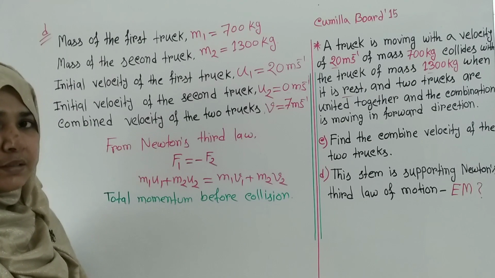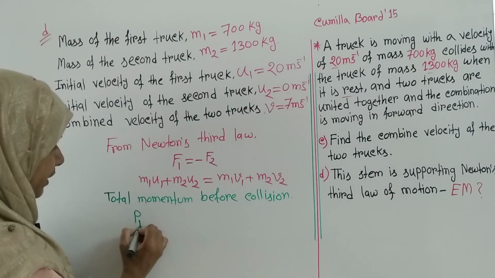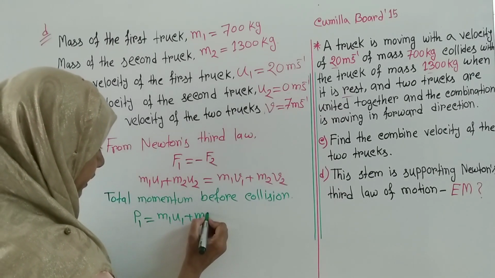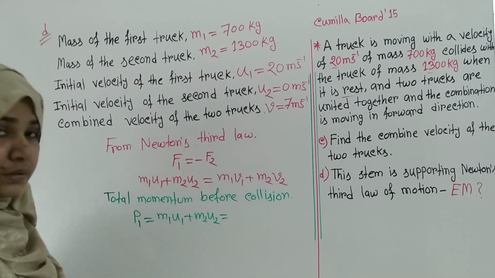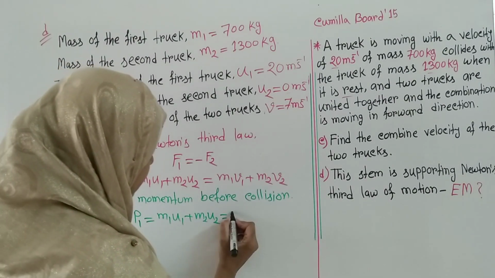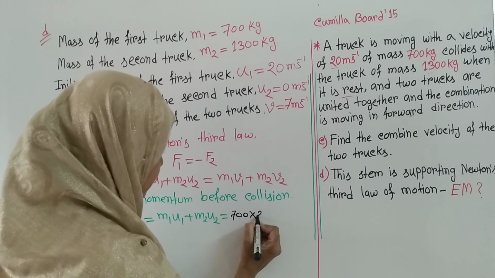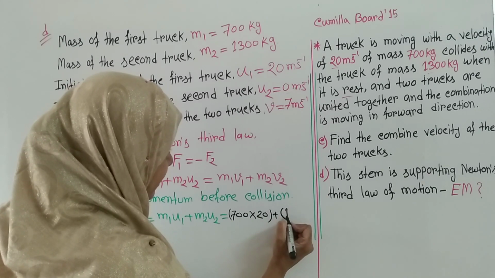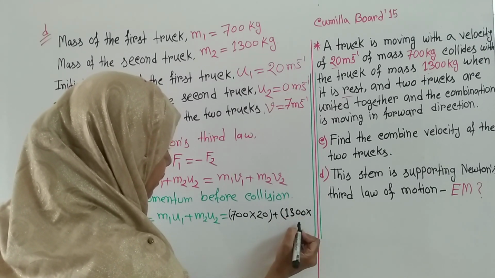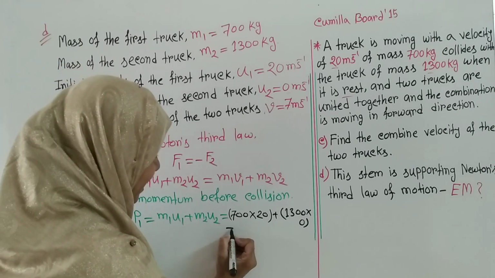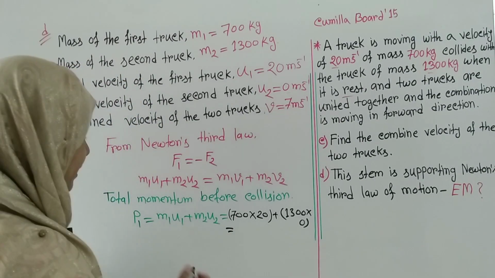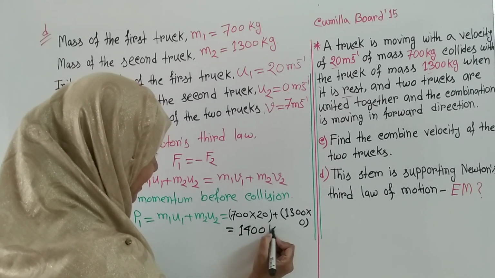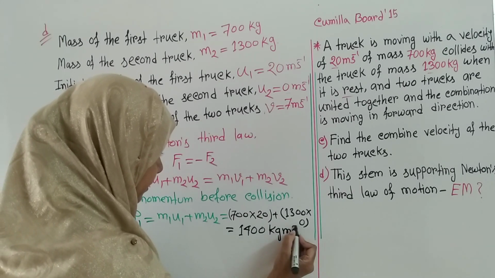If we denote it by P1, then we can say that P1 is equal to M1U1 plus M2U2. Now the value of M1 is 700, U1 is 20, plus the value of M2 is 1300 and the value of U2 is 0. So we will get the total momentum before collision as 14000 kg meter per second.